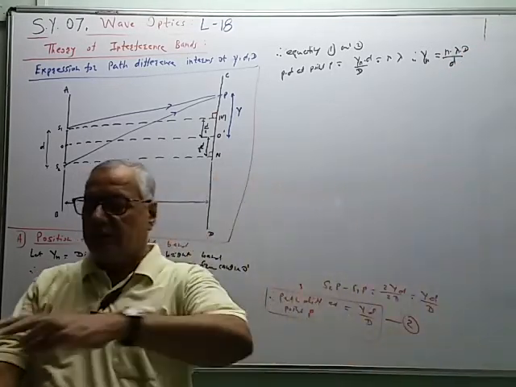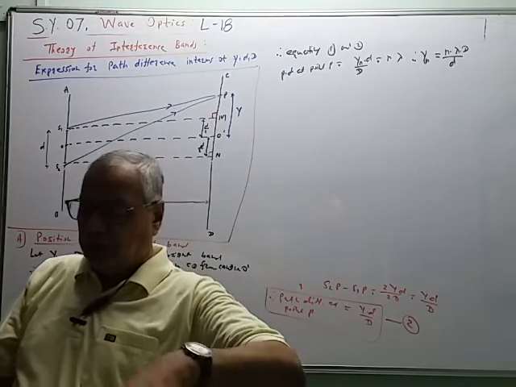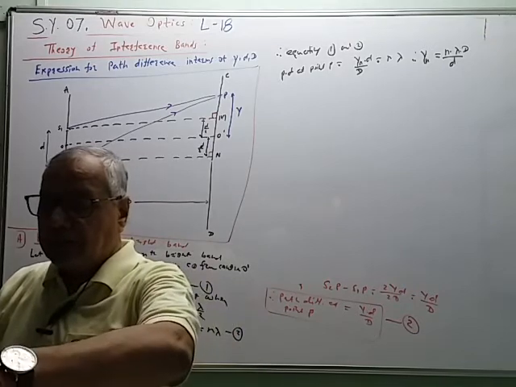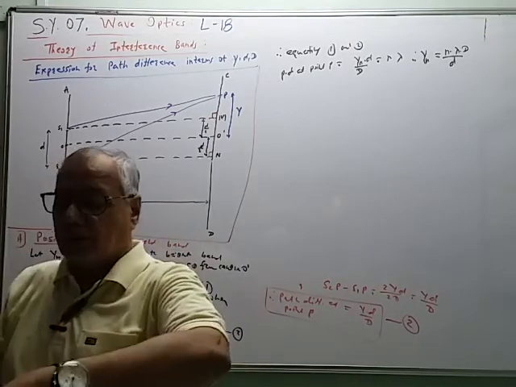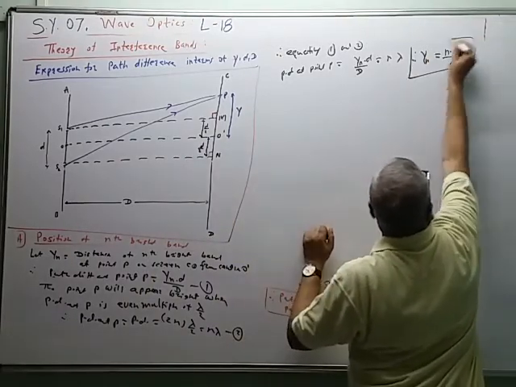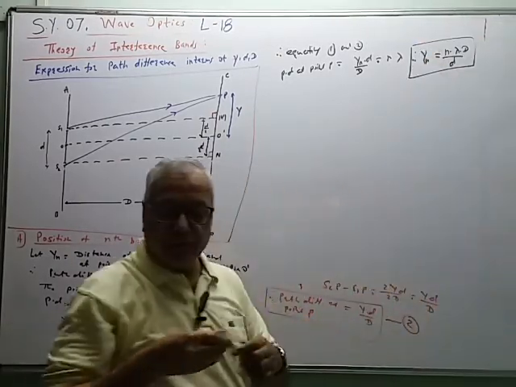So this equation gives the position of the nth bright band. This is equation capital A.